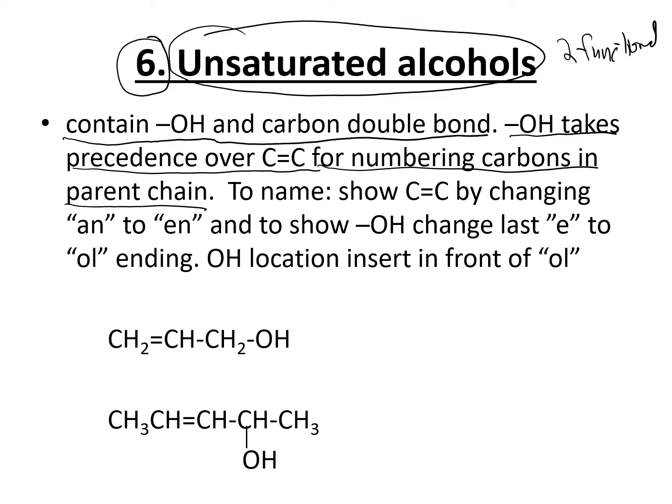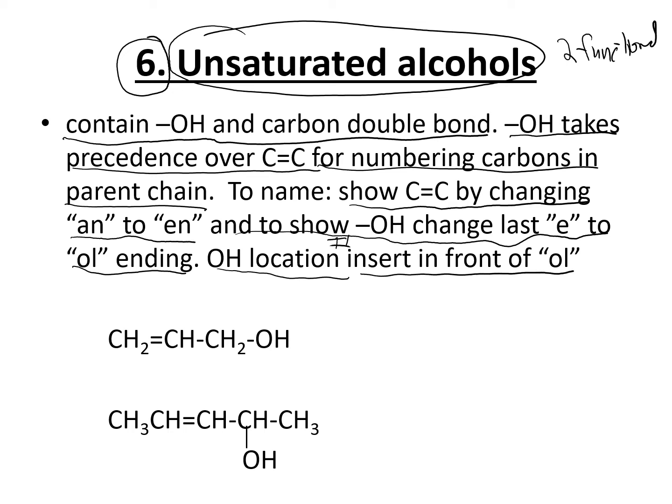To name, we're going to show the carbon double bond by changing the AN in the parent to an EN, and to show the hydroxyl group, we're going to change the last E in the parent to an OL ending. We'll show the OH location as a number inserted in front of the OL.